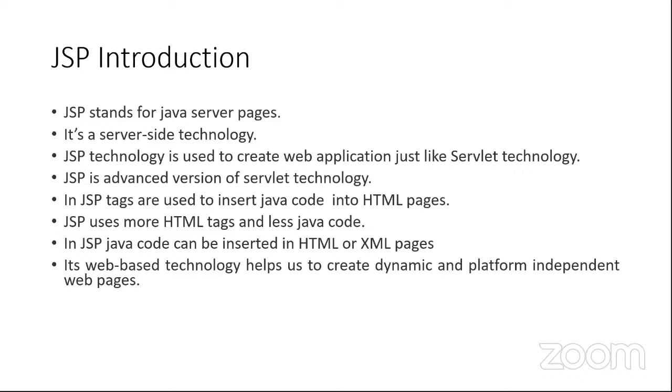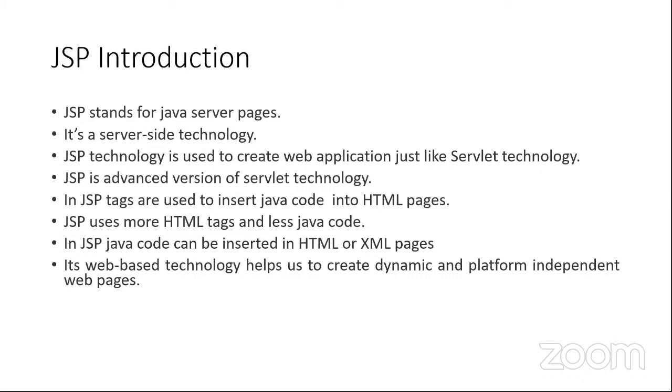Yes, of course, JSP. So JSP technology is mainly used for creating web applications, just like servlet technology. And we can say this is an advanced version of servlet. And of course, in JSP we will use more HTML code. So yes, that's what we mentioned here. In JSP, tags are used to insert code into HTML pages.